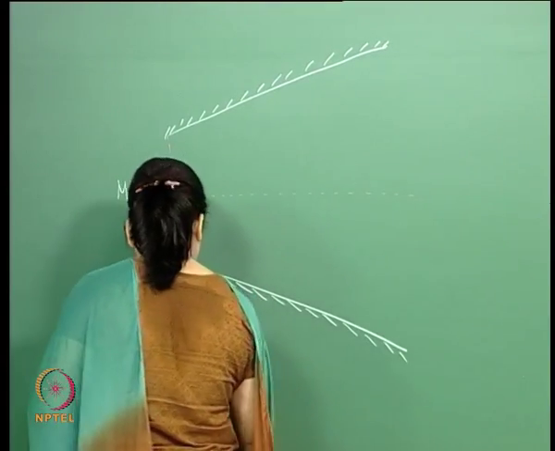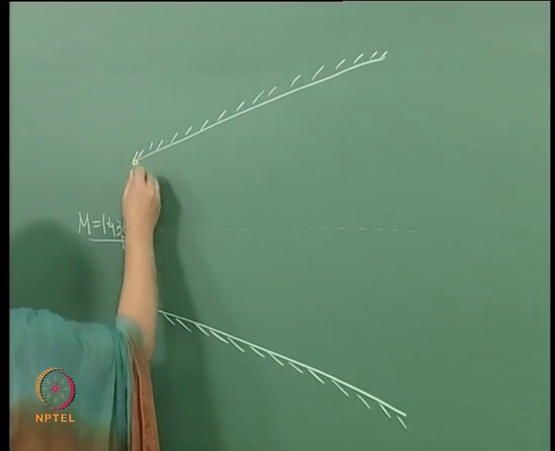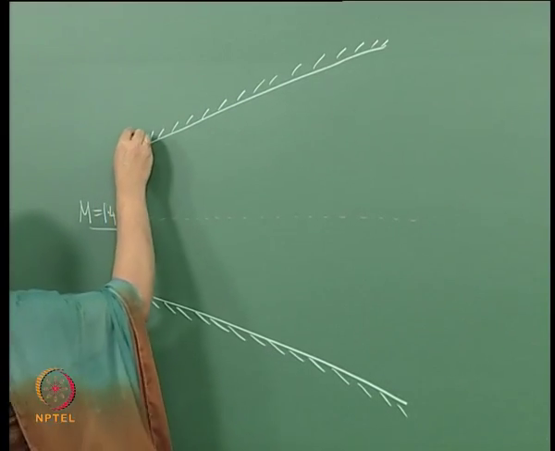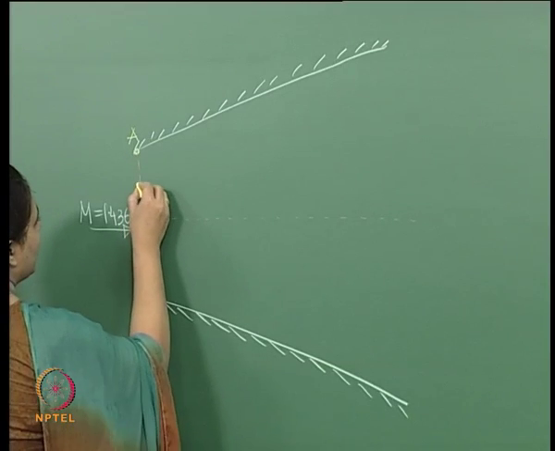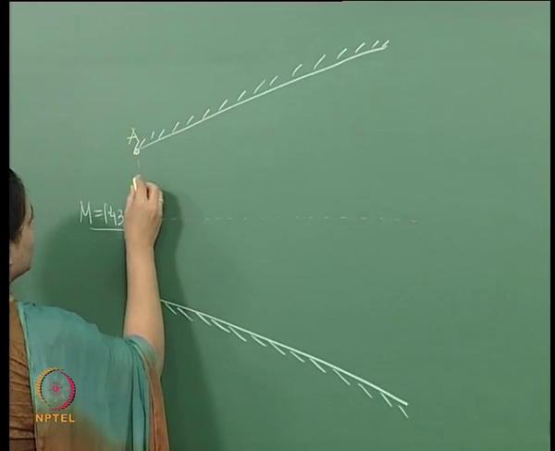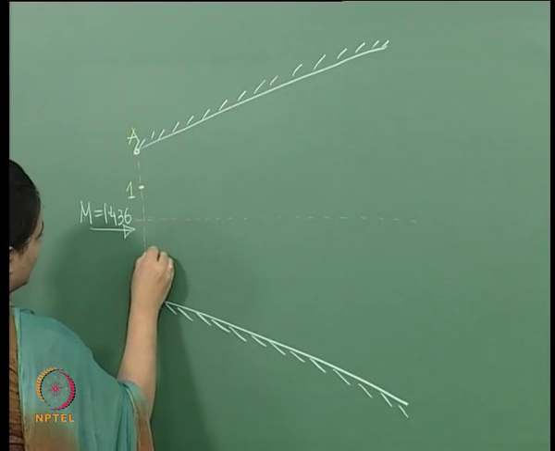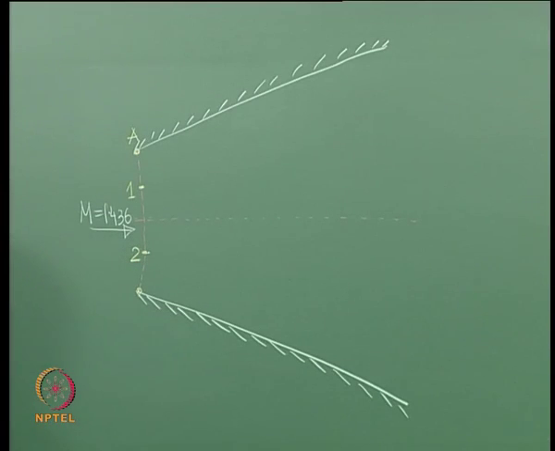Let us consider these 2 points. Let's say I'm going to call this A. I'm going to take a point out here which is 1, and a point out here as 2. So we will basically take this.